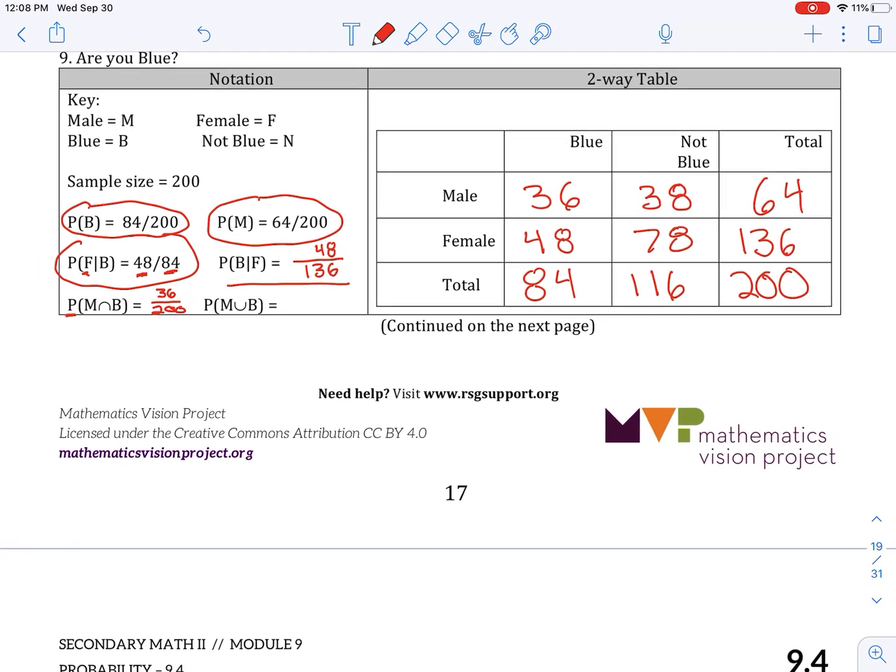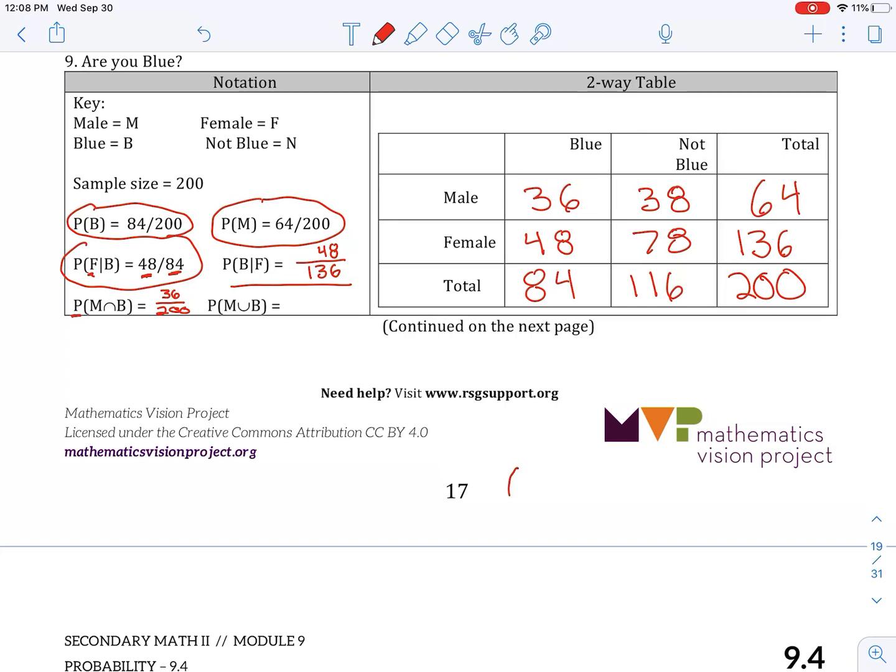Okay, this one is going to be male or blue, okay? So how many total males do we have? There are 64 males total. And then how many total blue do we have? We have 84 total, okay? So we have to start thinking about like what we're going to add together to get this.